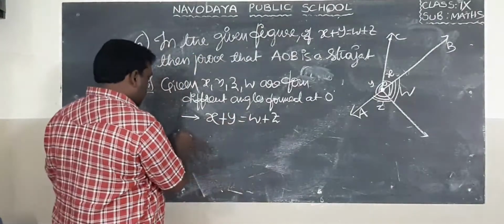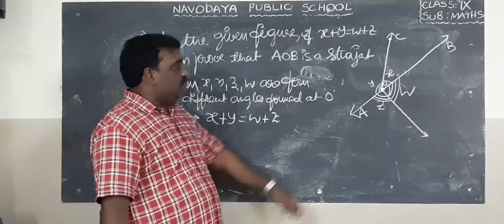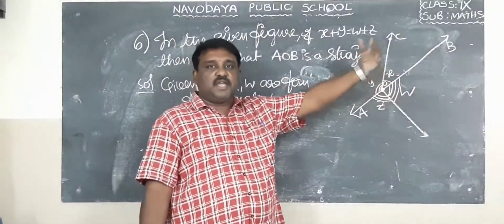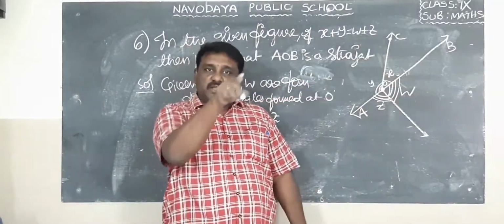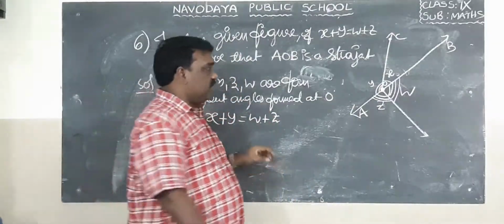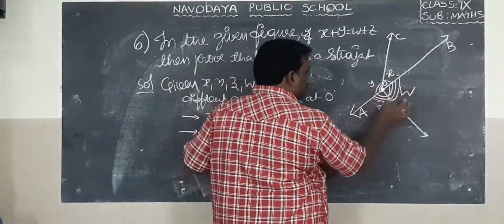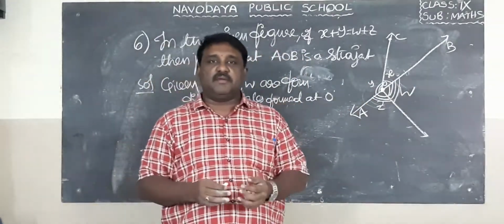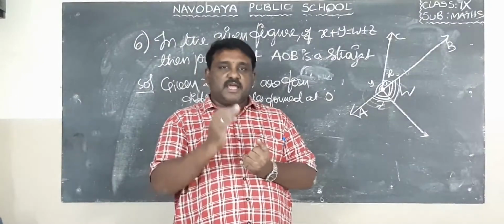Now see the four angles at O. First angle X, second angle Y, third angle Z, fourth angle W. There is a full circle at O, means total angle is 360 degrees. Complete angle. See the diagram clearly.